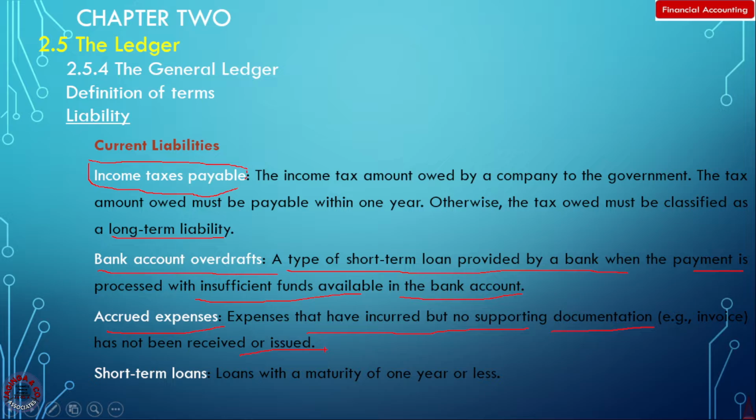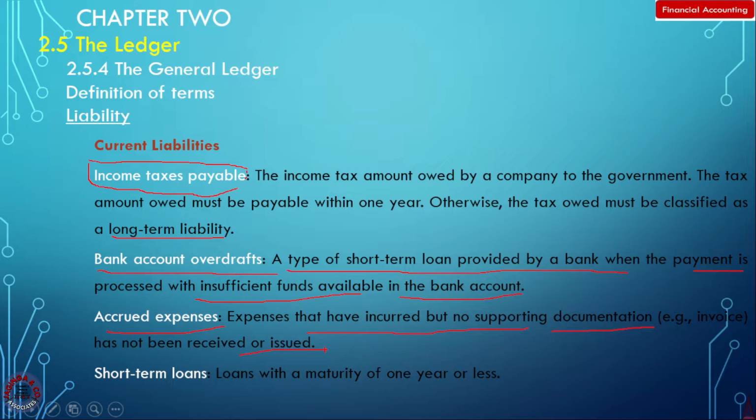Maybe you're supposed to pay rent in January, but you've not received the invoice from the landlord. And then in your books of account, you need to recognize that you've incurred that rent expense. You must record that expense, but you've not paid the expense.